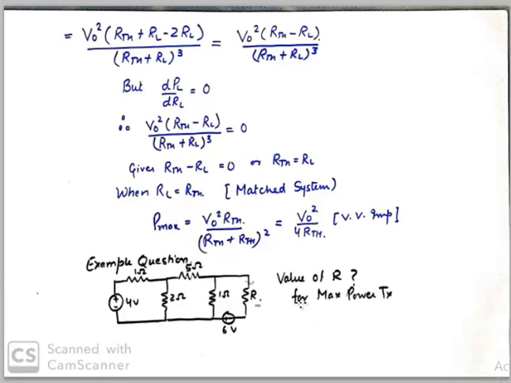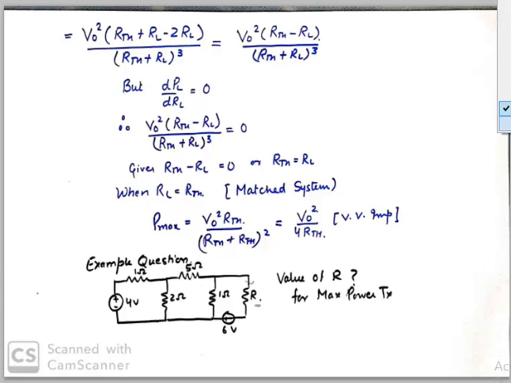It is simply asking you to find the value of this load resistance for which the maximum power will be delivered. So you simply need to find RTH. You do not need to reduce this circuit into Thevenin's equivalent circuit and find the current and then eventually the power, but you simply need to calculate the value of RTH, which is one of the steps of finding a Thevenin's equivalent circuit.